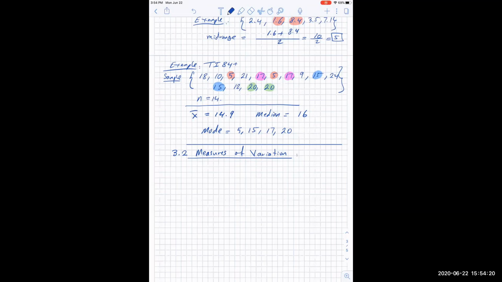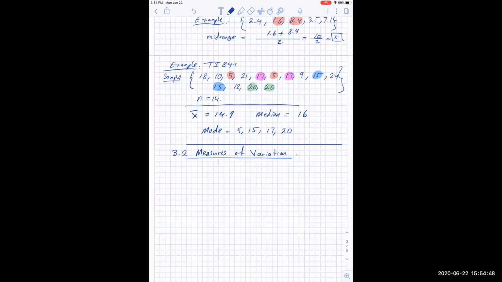We already discussed the center. We're going to talk about the variation in the sample. We want to see how much variation we have among our sample data. Are all the numbers very close to each other? Or are they spread apart? There are large differences between the numbers.